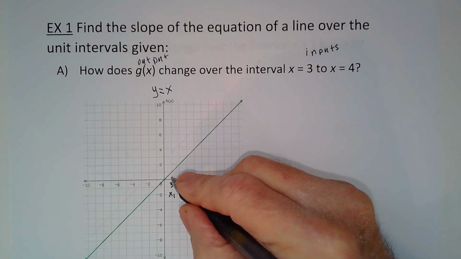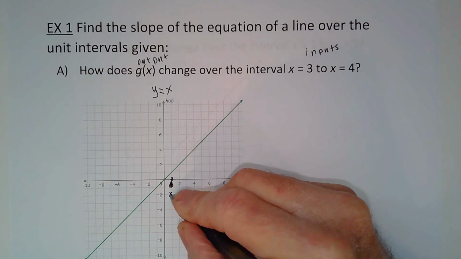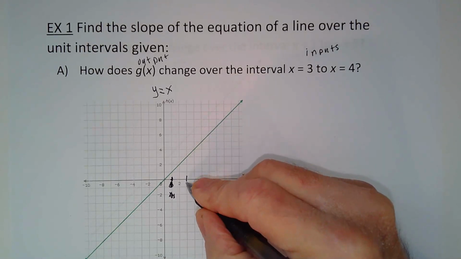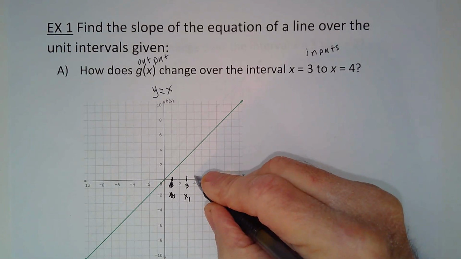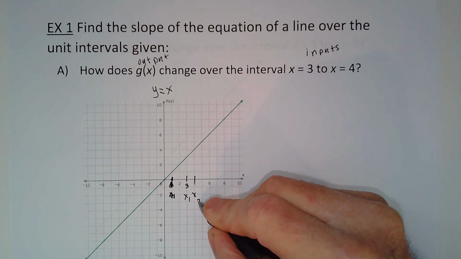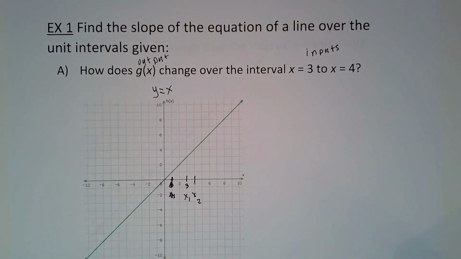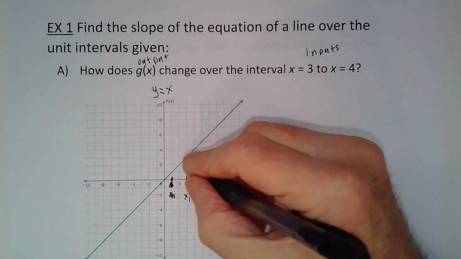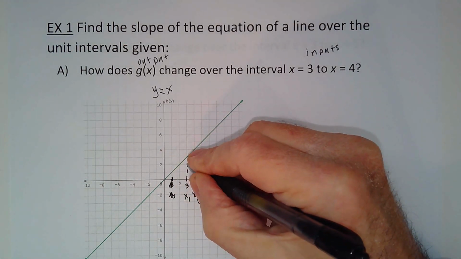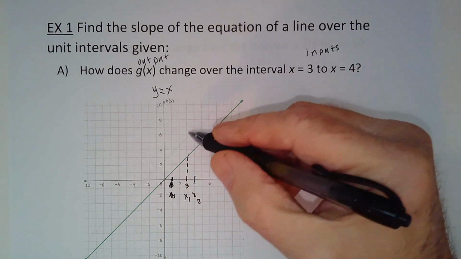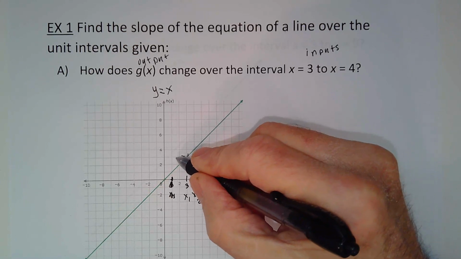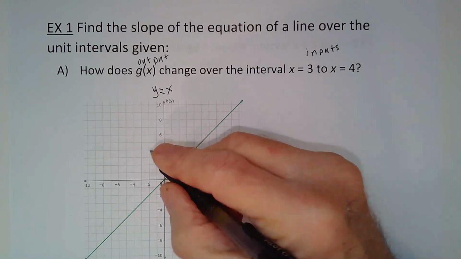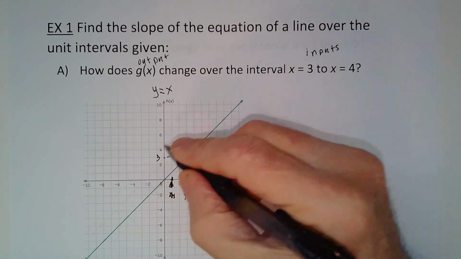Oops, I put it in the wrong spot. Let's get rid of it there. X is 3 over here. All right, and so this is your x1, and then where x is 4, that's right here, I'm going to make that my x2. All right, and so when we go up here to where x is 3 and touches the line, and then go over to the left, you'll find again that your y is 3.